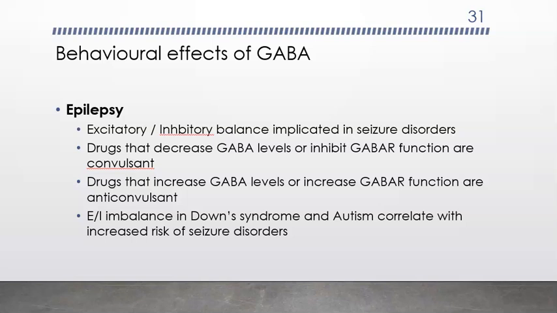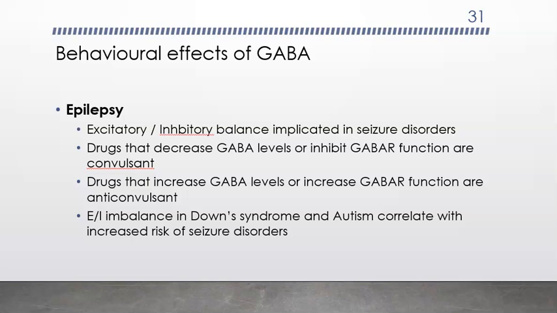So any drug that decreases GABA or inhibits GABA receptor functions are known as convulsants. They can lead to seizures, epileptic seizures or non-epileptic seizures, and any drugs that increase GABA levels or increase the function of those receptors can be anticonvulsants.